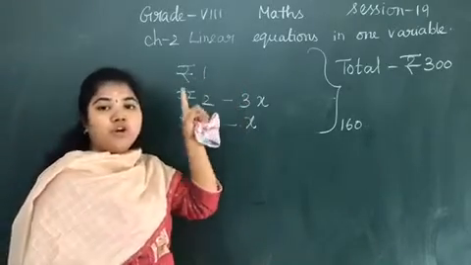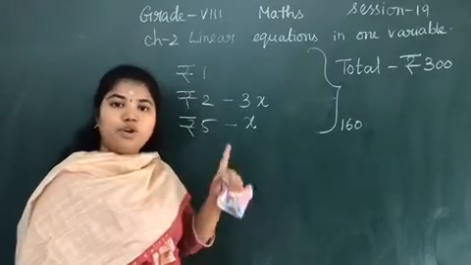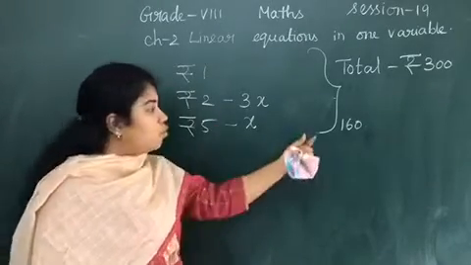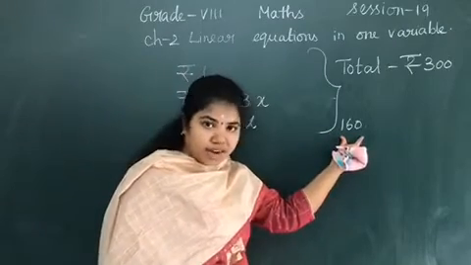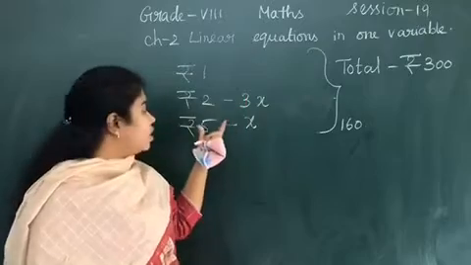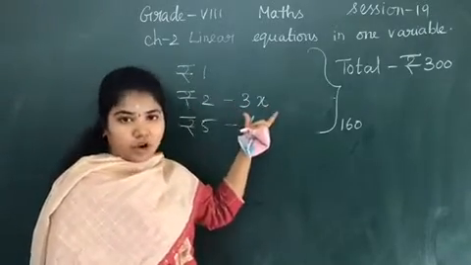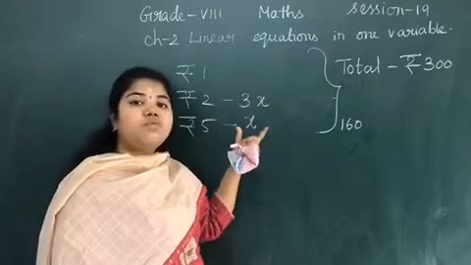Now for rupees 1, they did not give us any hint. There is no hint for rupees 1. But what is the total number of coins that I have? 160 is the total number of coins. And I have rupees 5 as x coins and rupees 2 as 3x coins. Can you understand? So with this what can I do?